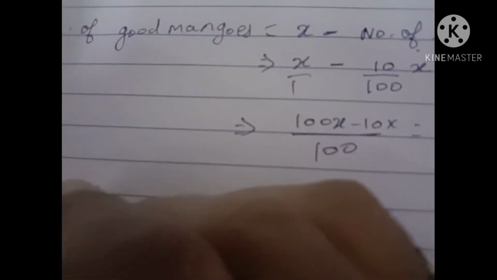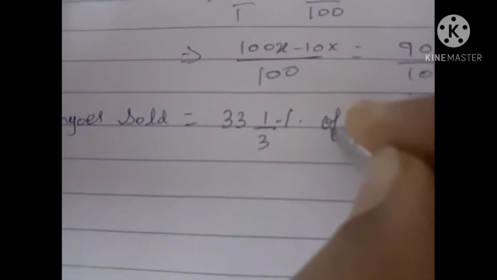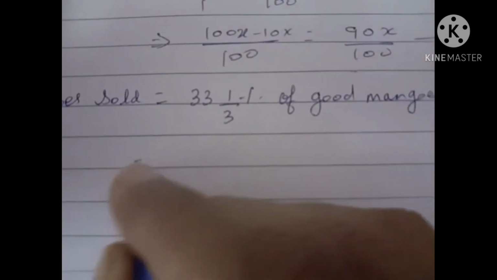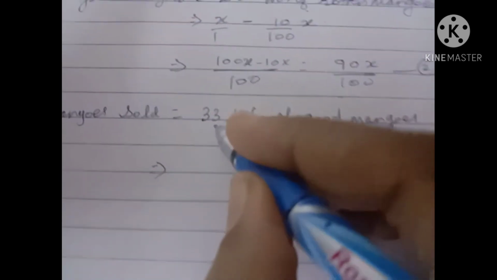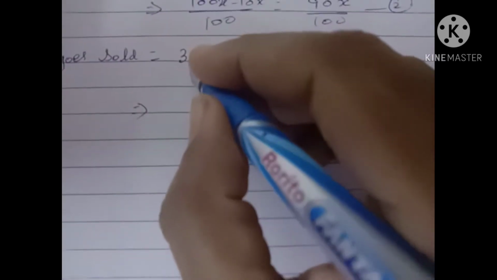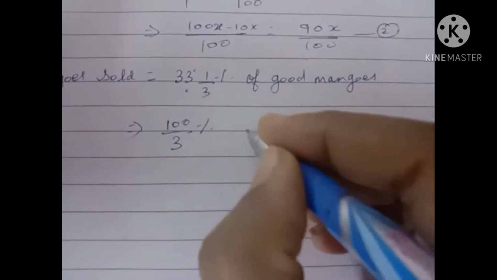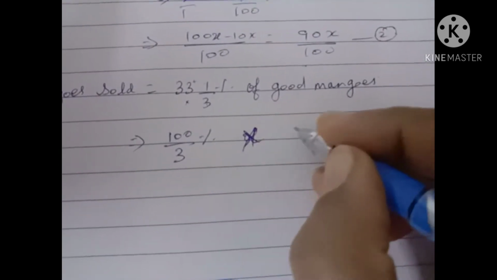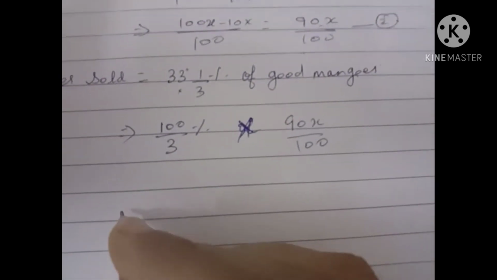Number of mangoes sold is equal to 33 1/3% of good mangoes. So of the good mangoes, 33 1/3% were sold. If you convert this into a fraction, 3 into 33 is 99, 99 plus 1 is 100, so 100 by 3% of the good mangoes, which is 90X by 100.